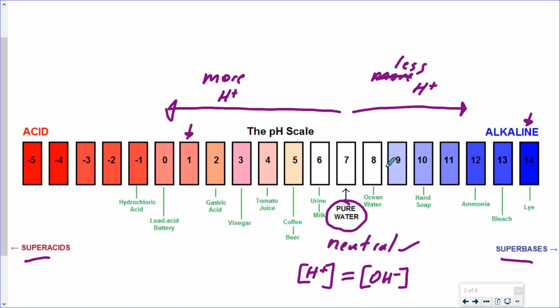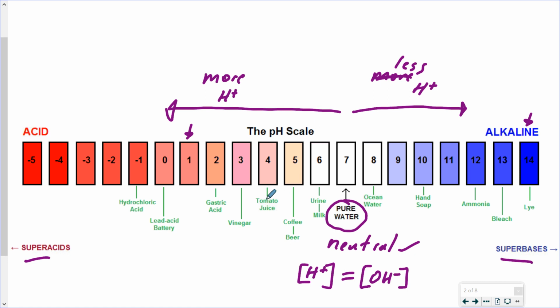Well, if we take a look at some of the common acids that you will be familiar with, some of them you consume, like tomato juice and vinegar and maybe even coffee. So these ones here, placed where they are on this pH scale, they're probably not exactly pH 5, 4, and 3, by the way.